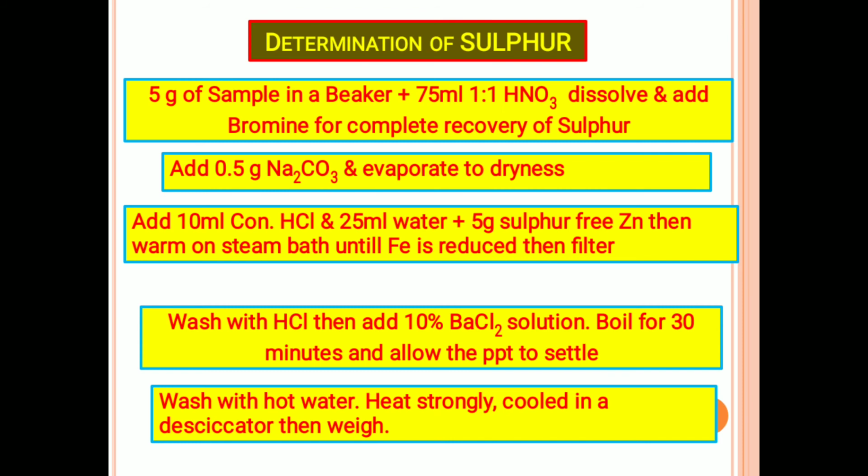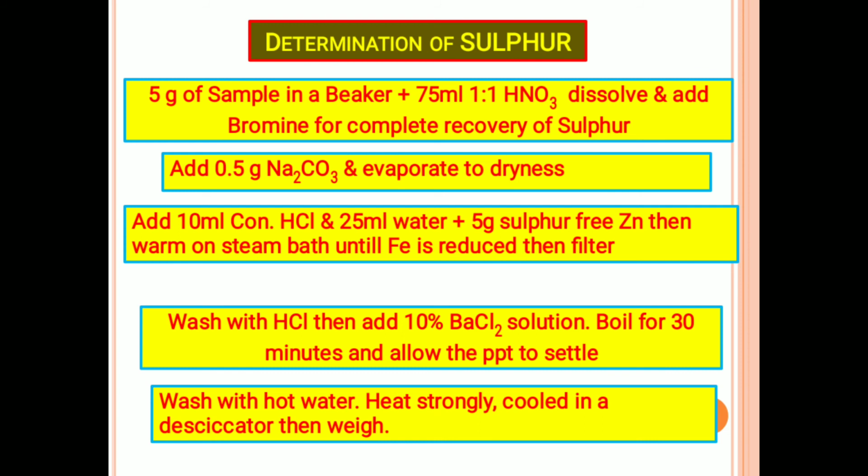So determination of sulfur: take 5 gram of sample in a beaker, add HNO3 to dissolve the sample, and then add bromine for complete recovery of sulfur. As you know very well, bromine is a most powerful oxidizing agent, so the sulfur will be oxidized.